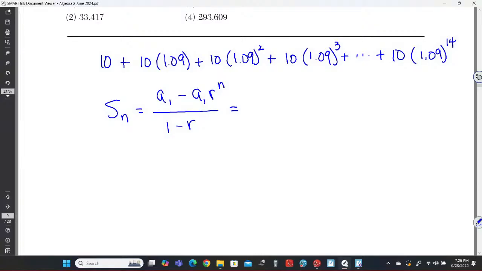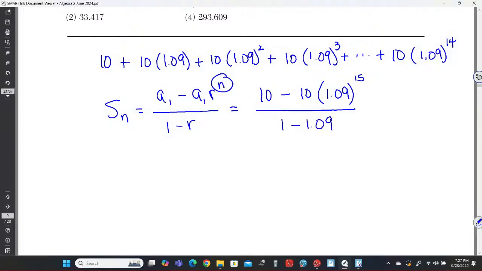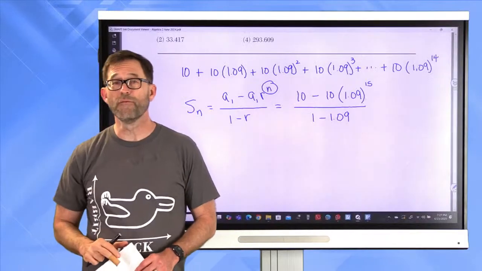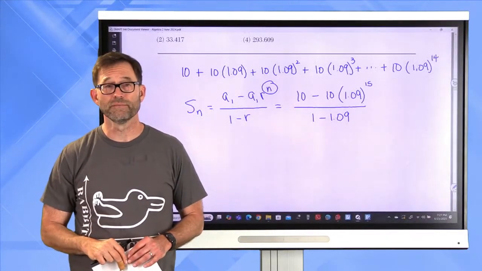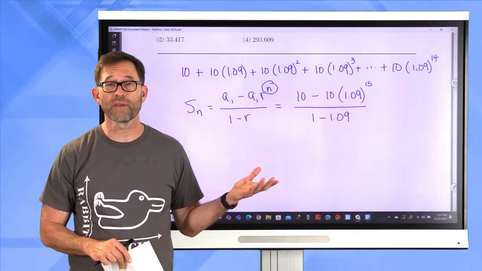In this case, a1 is 10, so we'd have 10 minus 10. The common ratio is that 1.09. n is the number of terms, so that's actually raised to the 15th, all divided by 1 minus 1.09. And that's just an issue of putting it into the calculator.